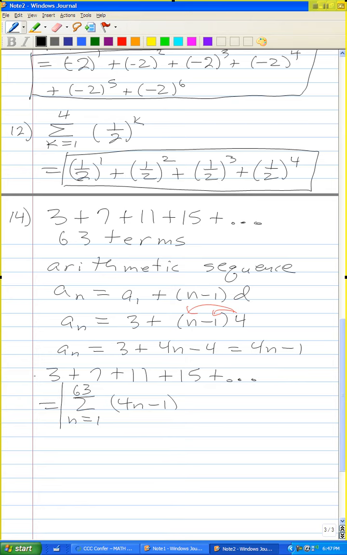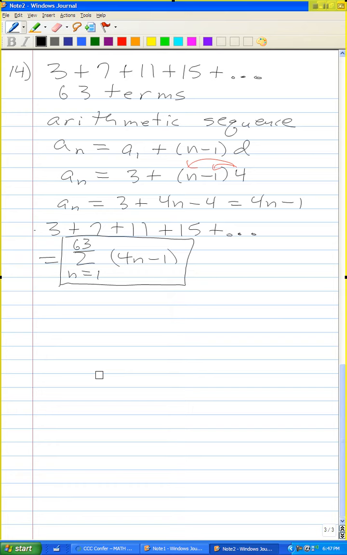And that is a much more compact notation saying that I'm adding up 63 of these terms, and each of these terms just looks like 4n minus 1, for n equaling 1 to 63.